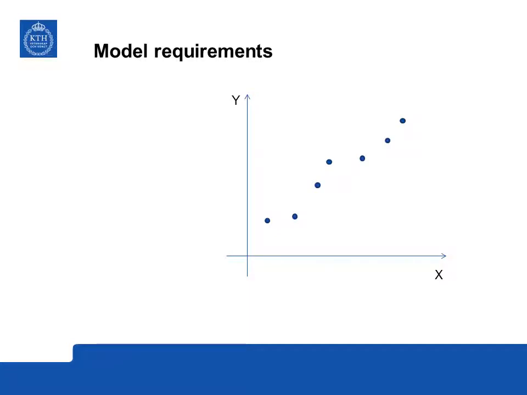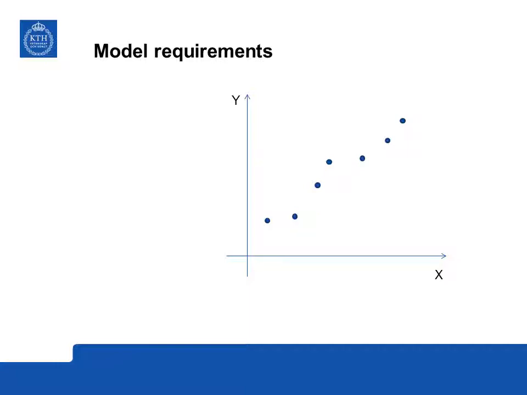Let's discuss some of the properties of models and what requirements we can put on models. Let's look at this example where we have plotted the observation y as a function of parameter x. There are different aspects of modeling. We can propose a model to describe the behavior of y as a function of x.